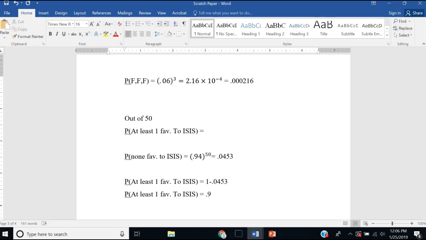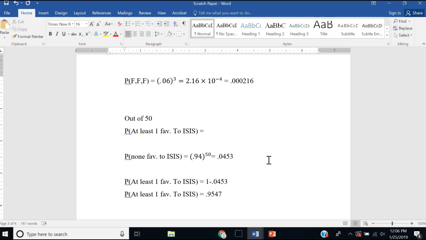So notice that individually, each Palestinian has a very high chance of disliking ISIS and a very low chance of liking ISIS.